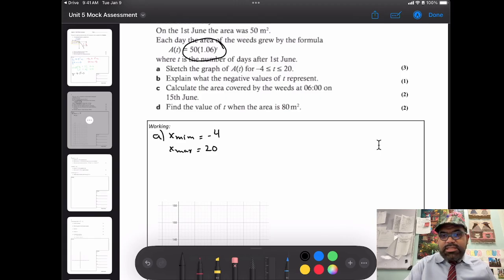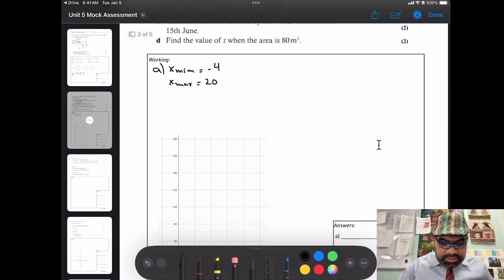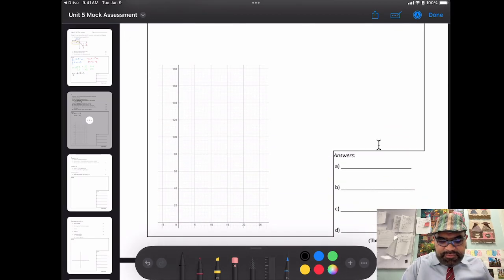How do you know? This is the t here, the limits. Sketch the graph in those limits, okay? Then I go here, negative 4, maximum 20. Y minimum, the minimum Y for this equation, you're going to see in the graph. In this graph I gave to you guys is 0, okay, Y minimum 0, and Y maximum 180.